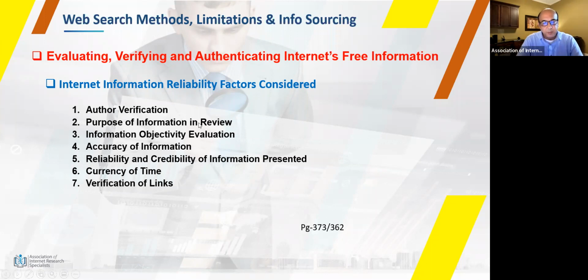Then you have the purpose of information in review. The purpose can be that management is going to rely on your research for, let's say, launching a new product, and that could be a sensitive matter.